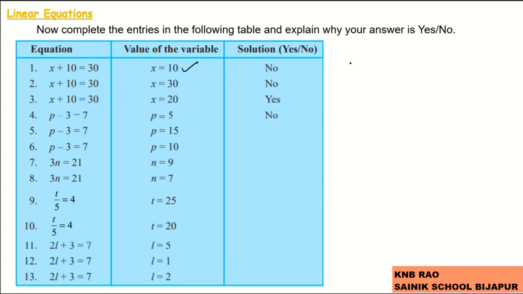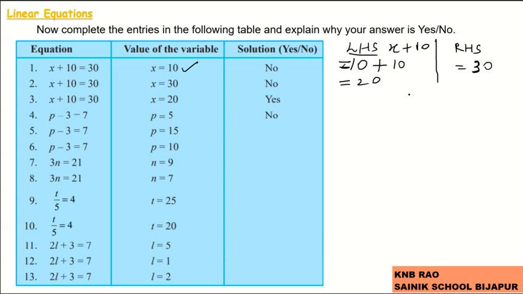That means when x equals 10 is substituted in equation 1, instead of x if I substitute 10, then 10 plus 10 becomes the LHS, where the LHS value x plus 10 gives you 20, whereas the RHS value is already given as 30.